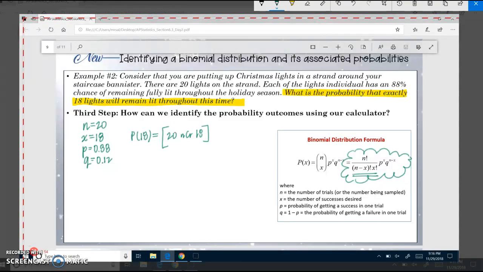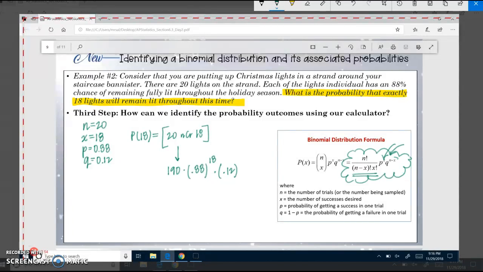So 20, hit your math button, tab to your probability, select option 3, and then pick 18. So that should give you a value of 190. Then you're going to multiply that by your p-value of 0.88, raised to your x value, which is 18. Then you multiply that by your q value, which is 0.12.